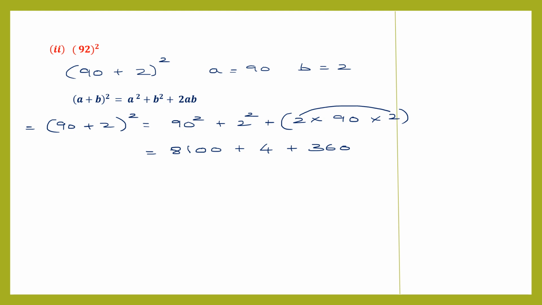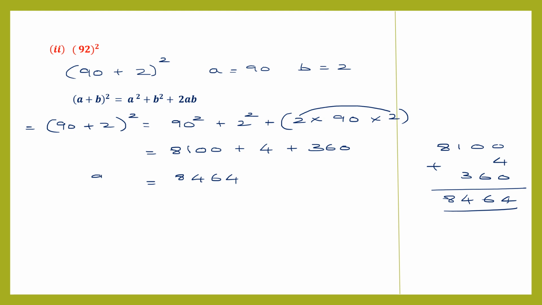Add a 0. Now all we have to do is add up these. So 8,100 plus 4 plus 360. So let's add this up. 4, 6, 4 and 8. 8,464 is the square of 92.